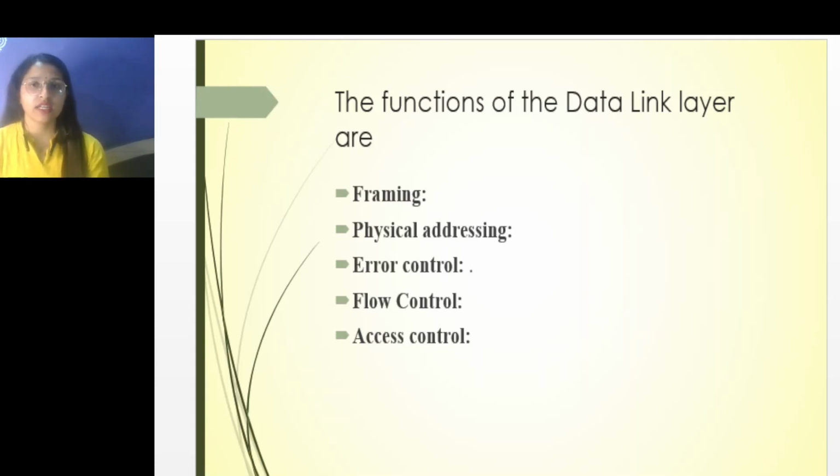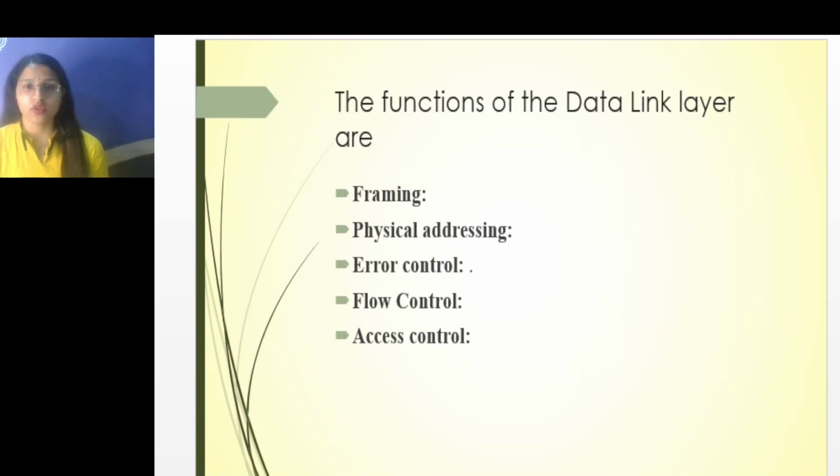What is the function of data link layer? Framing. It divides the packets, whatever it receives from the network, into frames. Then it encapsulates the MAC address of the sender and receiver. Then it deals with the error control mechanism, so that the correct message goes from one node to another.